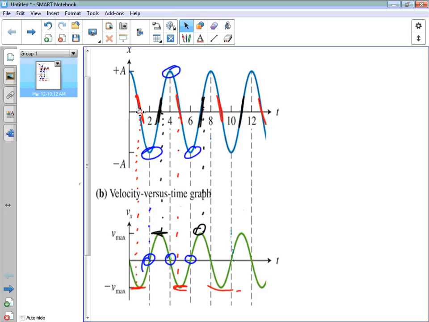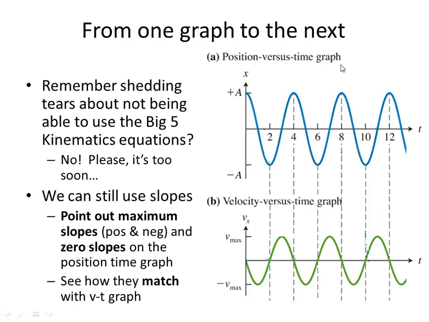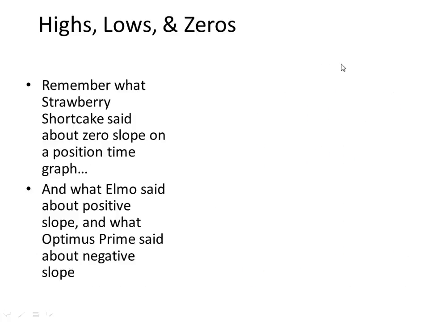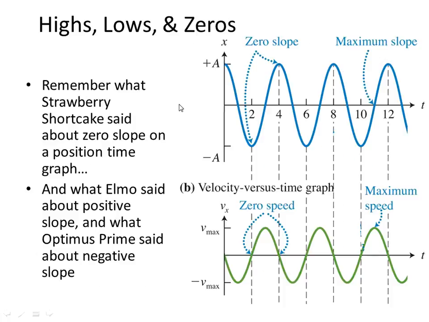We've done this type of thing before. It wasn't with such a curvy graph, but we've certainly talked about going from a position time graph to a velocity time graph, and we said, oh, okay, pretty smooth, right? Heck yeah, it is. In fact, we even had a guest lecturer that day with strawberry shortcake.